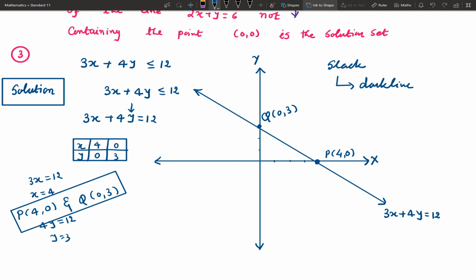Again we note that the inequality is a slack inequality, so there will be a dark or continuous line.